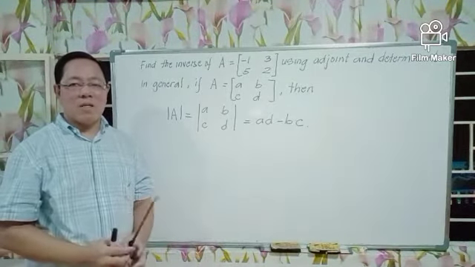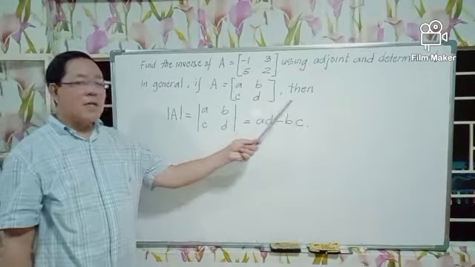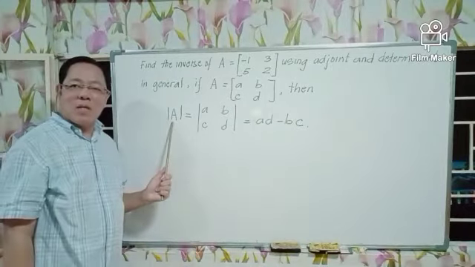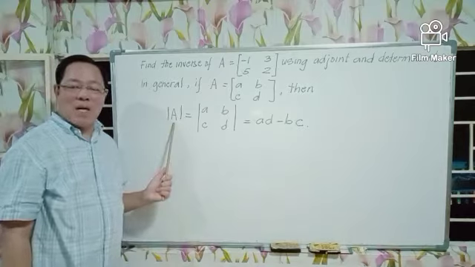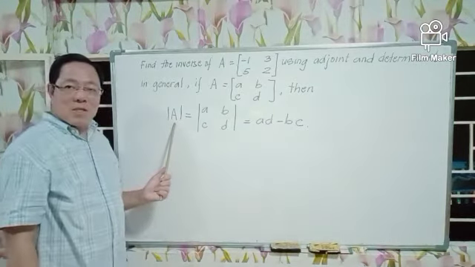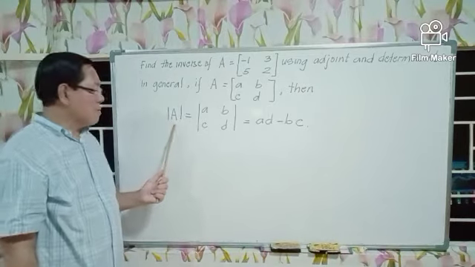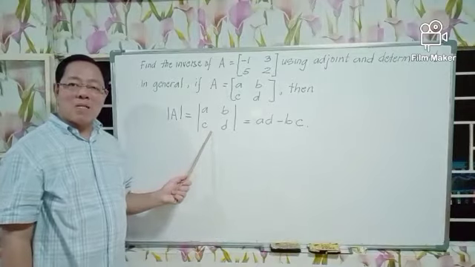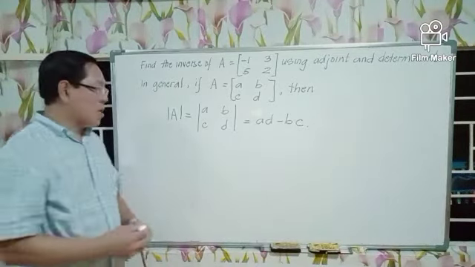If the square matrix A has entries a, b, c, d, then the determinant of matrix A, denoted by this absolute value notation, but it's not actually an absolute value, represents the determinant of matrix A. The determinant of a 2 by 2 matrix is obtained by using a sort of cross multiplication.